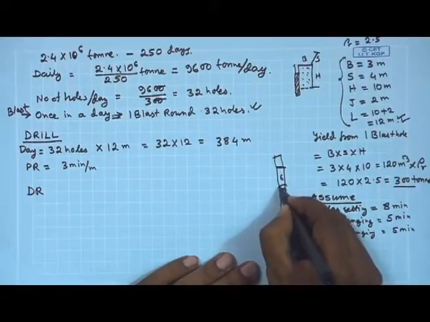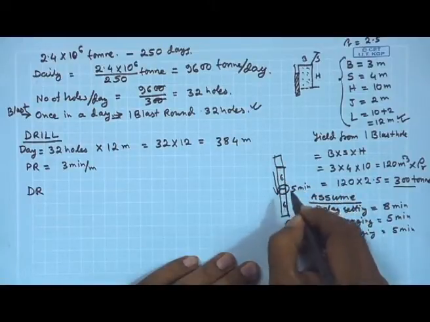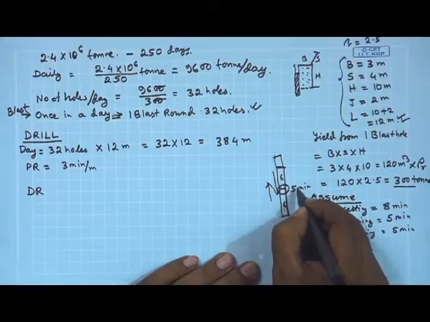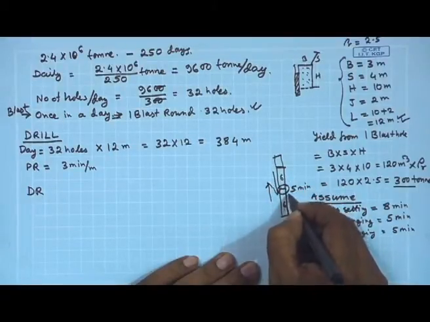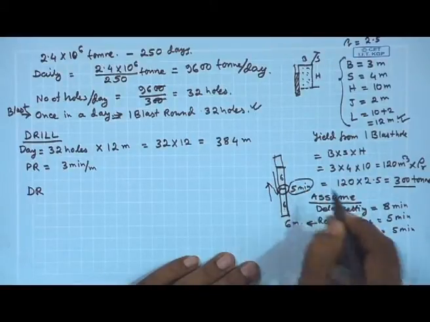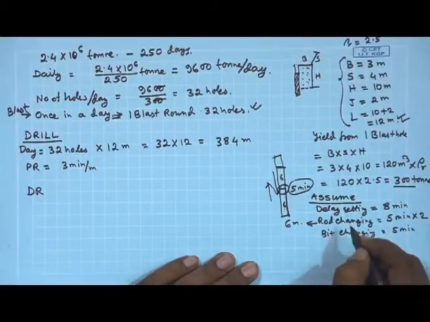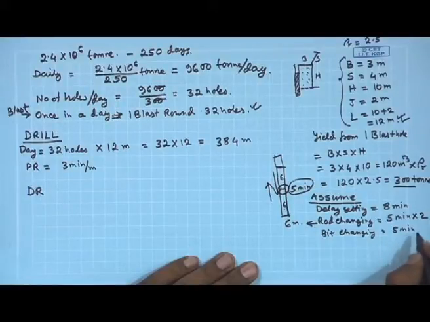So, we need a 5 minute delay while we are carrying out the drilling. Again when we are withdrawing the rod, at that time we have to untie the second rod from the first rod. So, that takes another 5 minutes. So, basically this 5 minute is required twice, while the drilling is carried out and while the rod is being withdrawn from the hole. Bit changing time delay is given as 5 minutes.